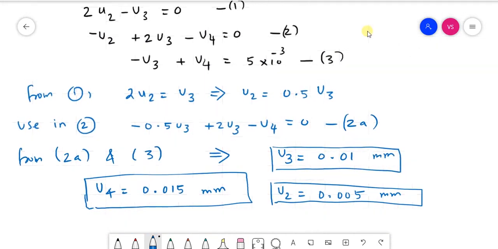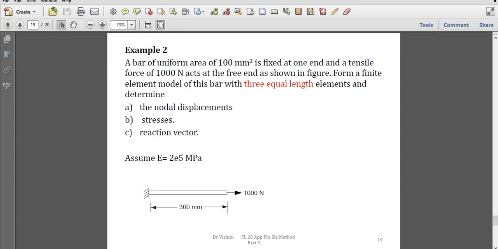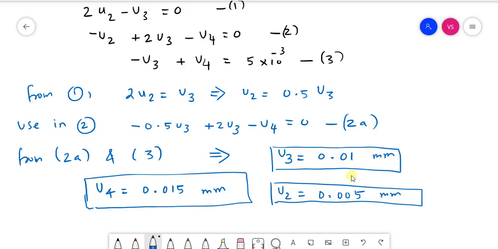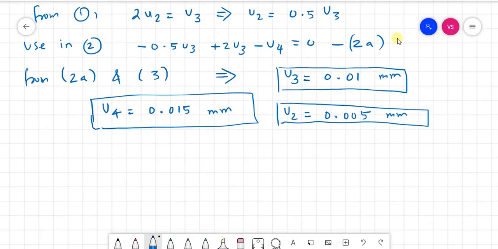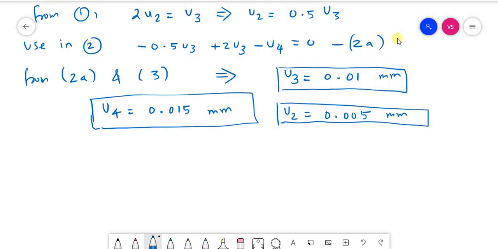So this is the first thing we needed to find. We wanted to find nodal displacements, so we found the nodal displacements, and these are the nodal displacements. So if you want to write the nodal displacement vector, u equals u1, u2, u3, u4 transpose, because I want to save space.